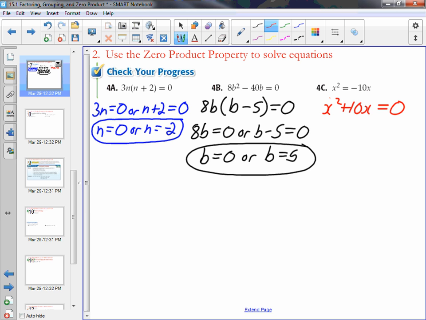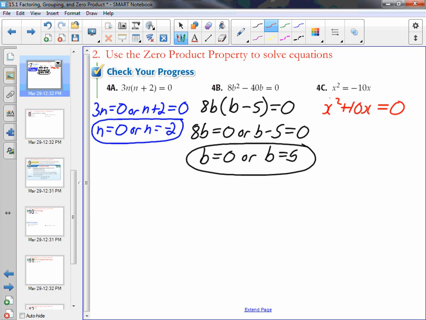That's not a hard and fast rule that you have to obey, but it sure makes the work easy. So all the terms on one side of the equals, 0 on the other, first term positive. Oh, and arrange the terms in order from biggest exponent to smallest if you can. Okay, if there's a bunch of different variables in there, you may not be able to. But arrange them in order from biggest to smallest.